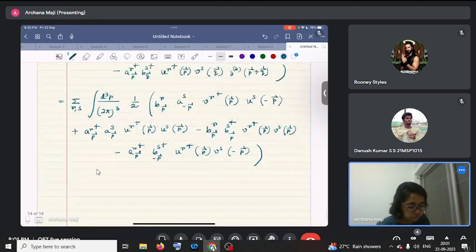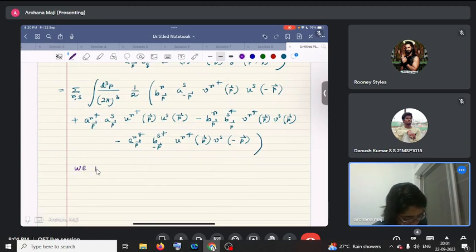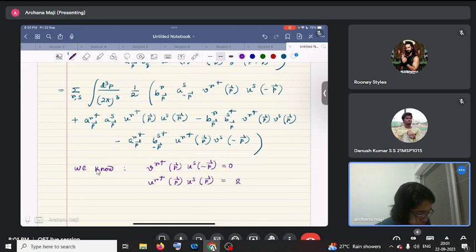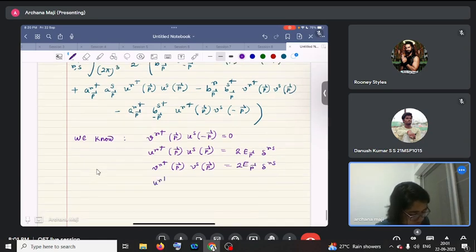So now you know that u_r dagger p v_s minus p equal to 0, u_r dagger p u_s p equal to 2 E_p delta_rs. b_r dagger p b_s p is similarly the same, and v_r dagger p u_s minus p, this is 0.